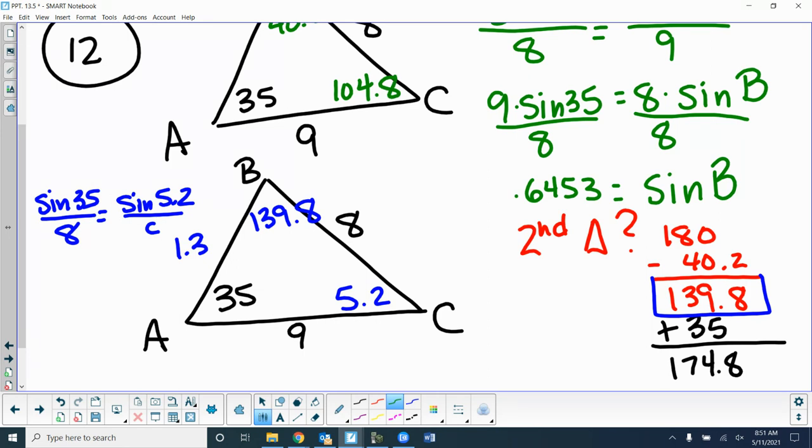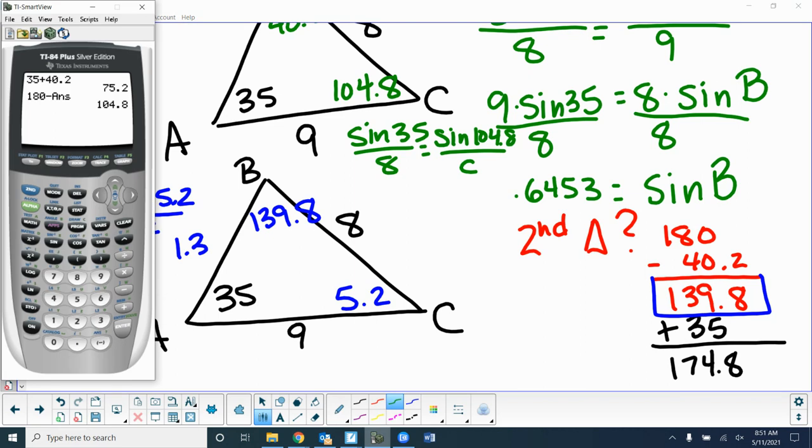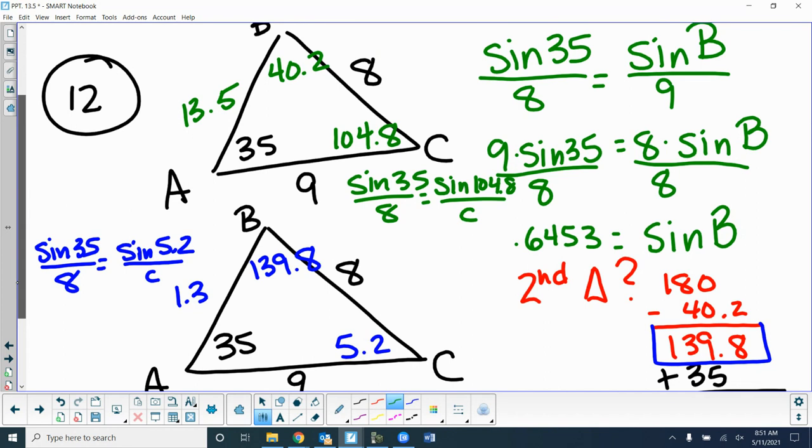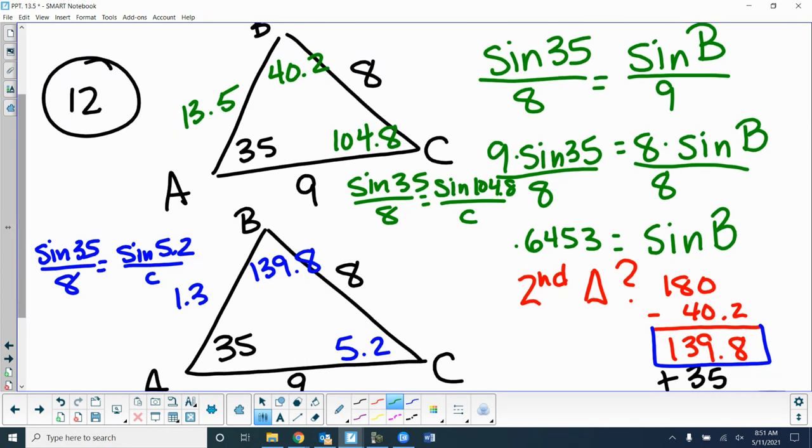And then same thing here, sine of 35 over 8, and then sine of 104.8 over C. So 8 times the sine of 104.8 divided by sine of 35, and I get 13.5. So the blue answers are triangle 2, and the green answers are triangle 1.